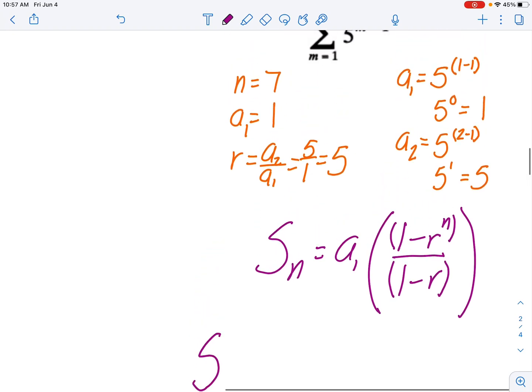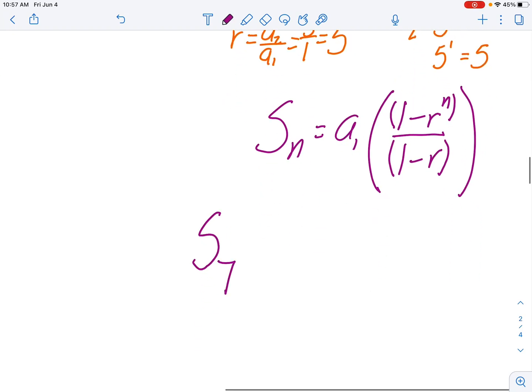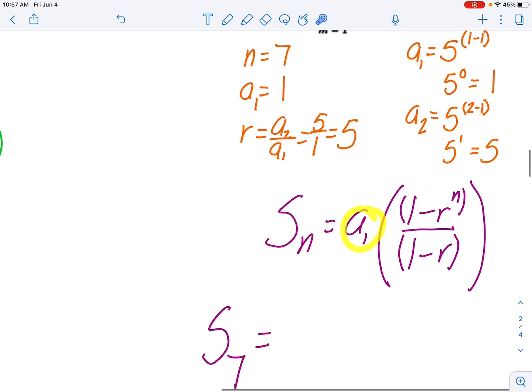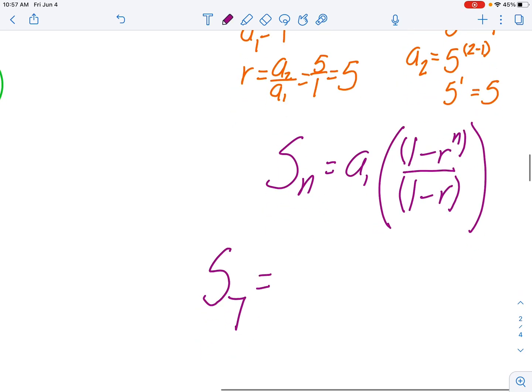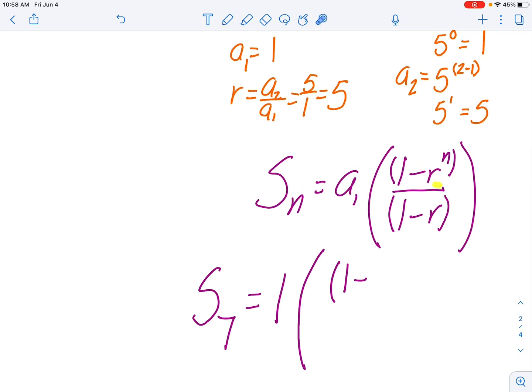Let us now plug in what we have. What is n? n is 7. So the sum of the first 7 terms is equal to a1, which is 1, big parentheses, small parentheses now, 1 minus r.